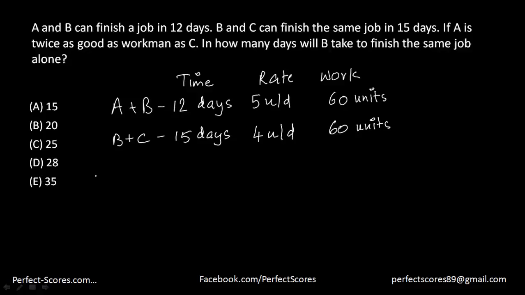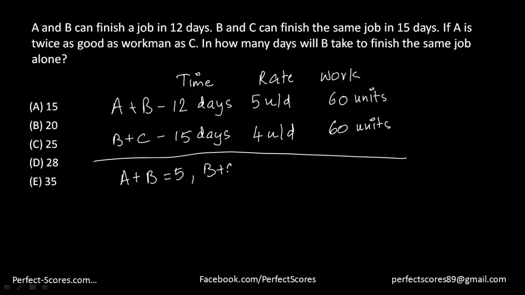So from here, we come to know that A plus B is equal to 5 and B plus C is equal to 4. Now the question says that A is twice as good a workman as C. See, these are the equations of rates.